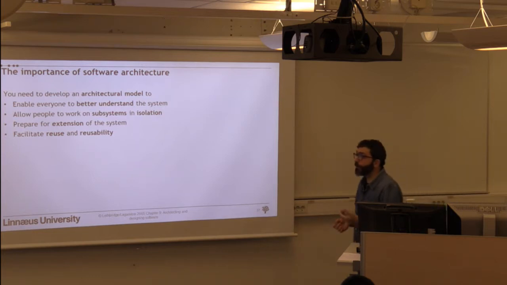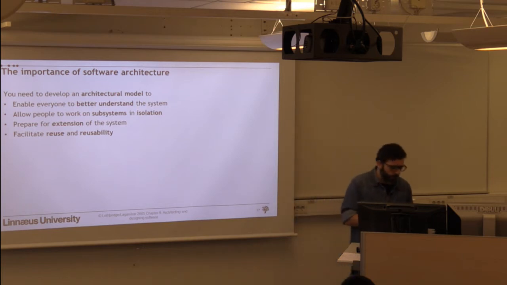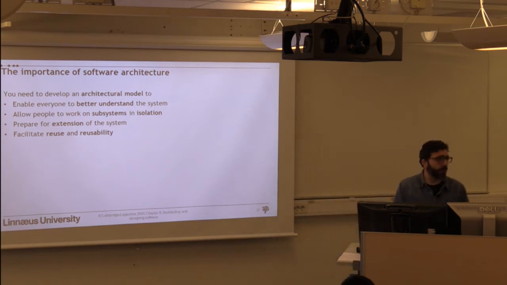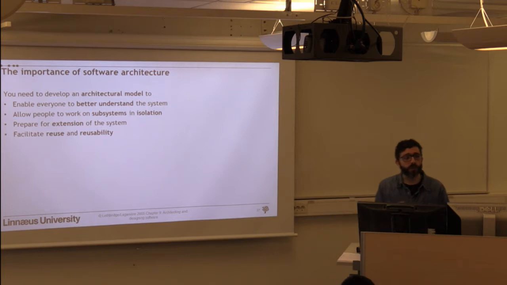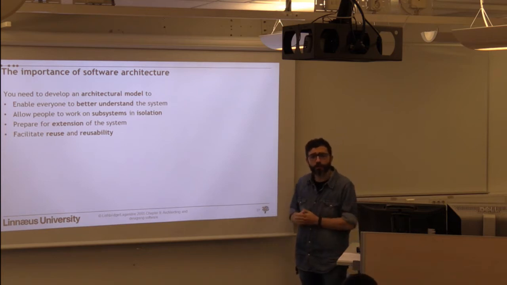It allows us to prepare for extension of the system. Remember last time we talked about having some hooks within the implementation that allow us to plug in new functionalities if we want to extend the system. Well, this is done by means of software architectures.